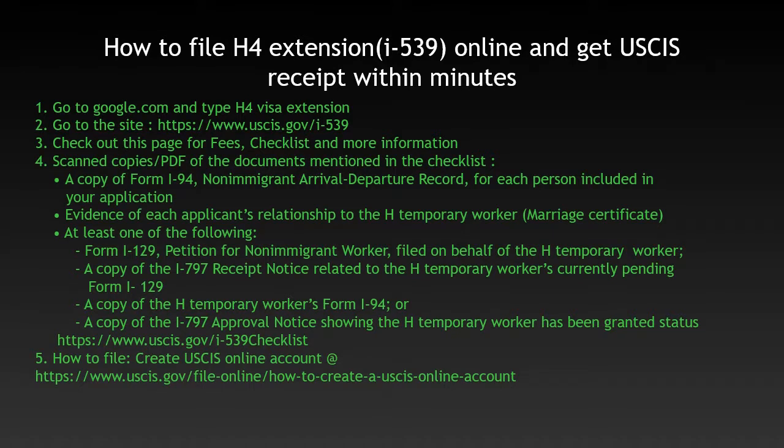at least one of the following for the H temporary worker: the I-129, the petition for H1 worker, or if the petition is filed and you have the receipt number of the H1 applicant, then you will need that receipt notice.